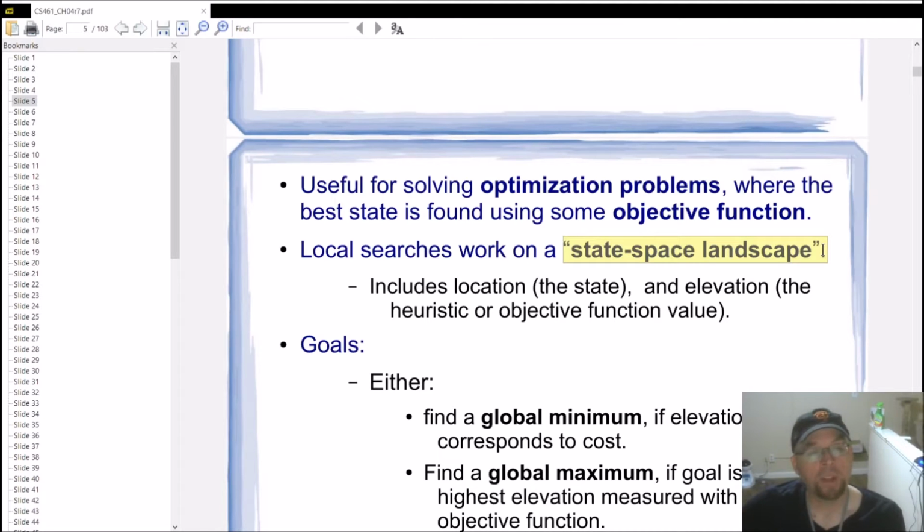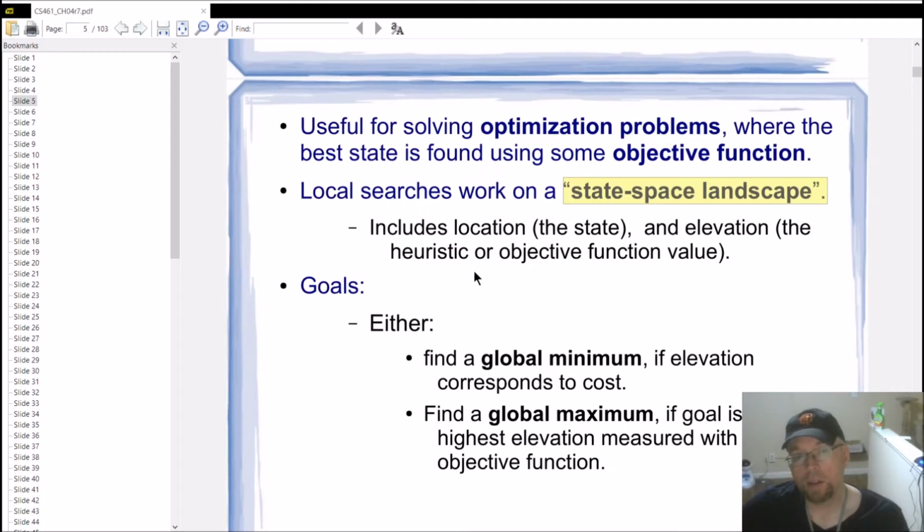The elevation refers to the value that is given to you from the objective function or from a heuristic function. So what are your goals? Based off of the scoring of this objective function, and depending on how you frame the problem, you're either trying to find a global minimum or a global maximum within that state space.